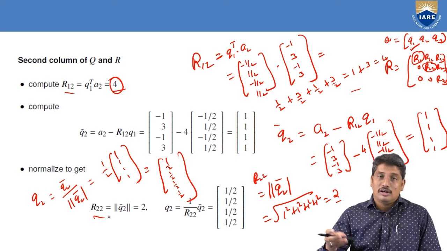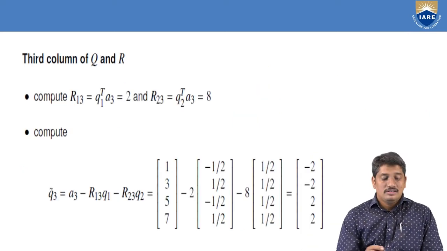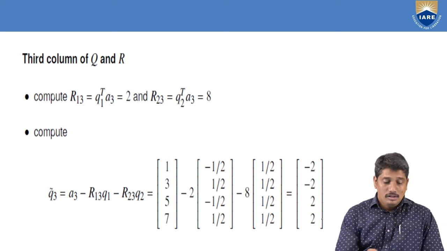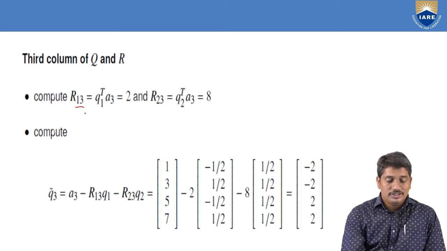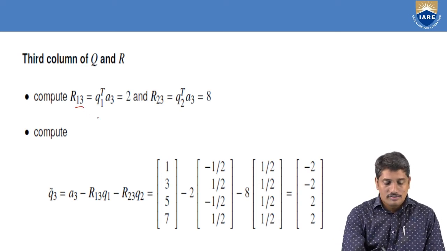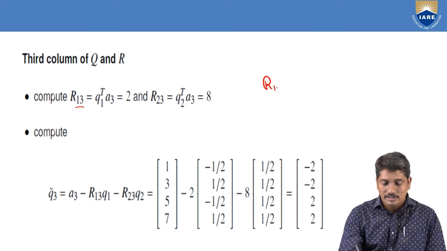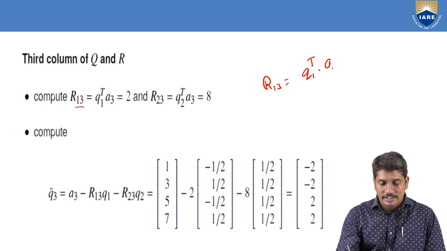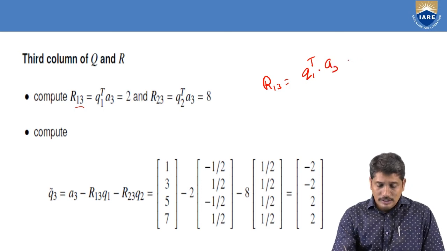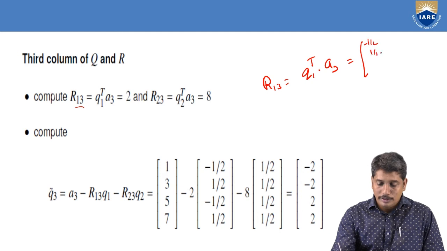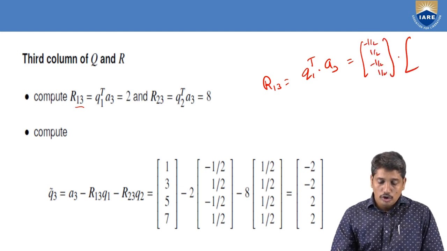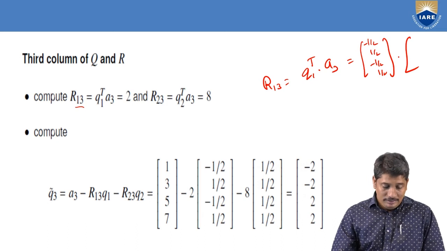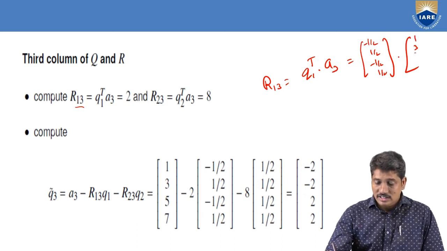Now let us move to the final, third part. With the same motivation as in the second part, R13 will be calculated with the help of Q1 transpose dot A3. Q1 transpose is minus 1 by 2, 1 by 2, minus 1 by 2, 1 by 2, dot A3, which is 1, 3, 5, 7.